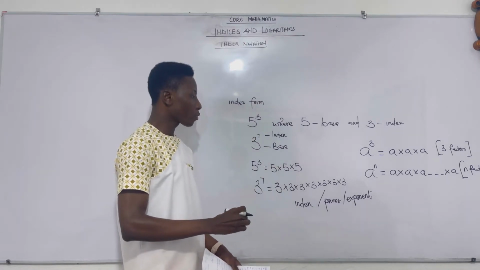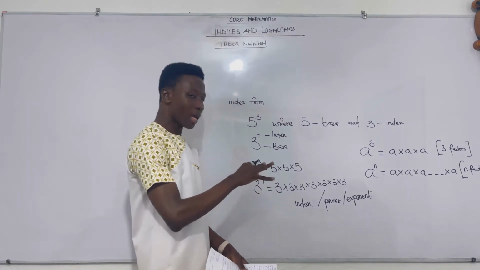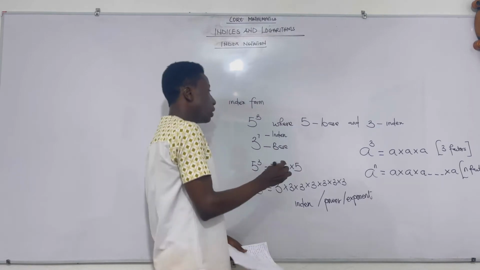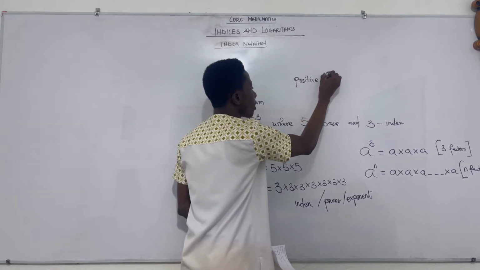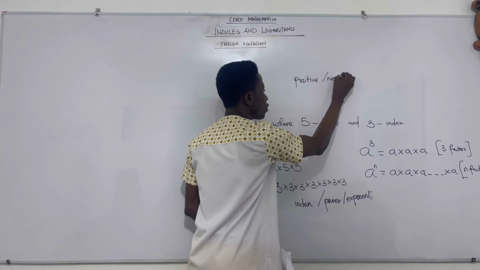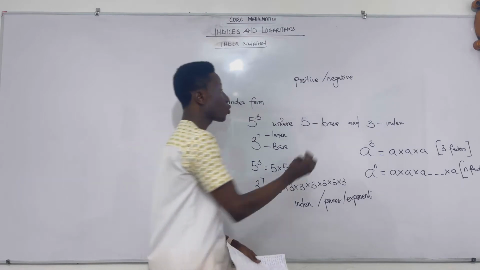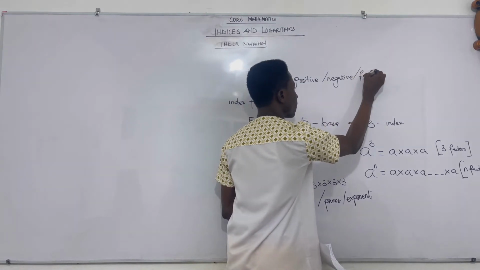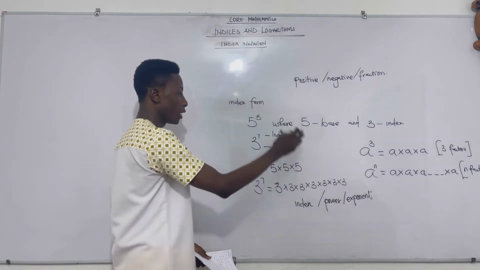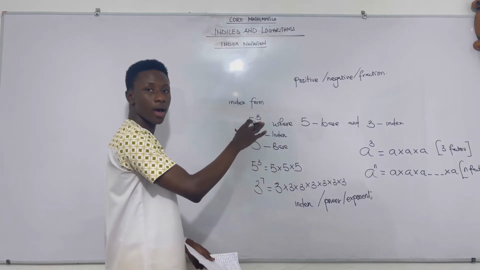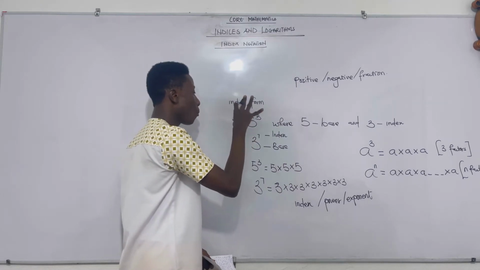Good. Now let's take note of this last information. The index can either be positive or it can also be negative. You should take note of that. So the index can be positive, it can be negative. It can as well be a fraction. With the following examples, you can clearly see that the indices are in positive forms.